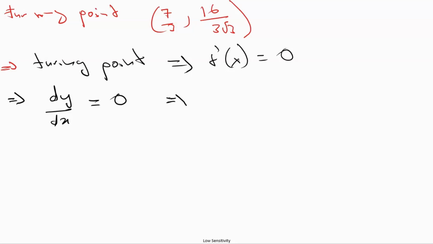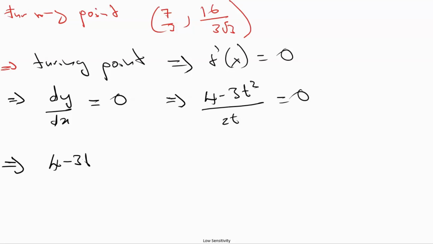We do know what dy/dx is in terms of t: 4 minus 3t squared over 2t. So this is going to be equal to 0. Now we can just solve for t here. We have 4 minus 3t squared equals 0, therefore 3t squared equals 4.